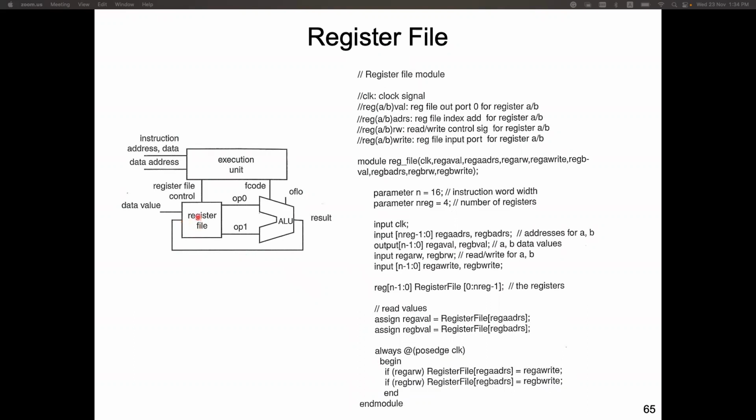The second block is the register file. Let me briefly review this. Here we only look at the IOs.